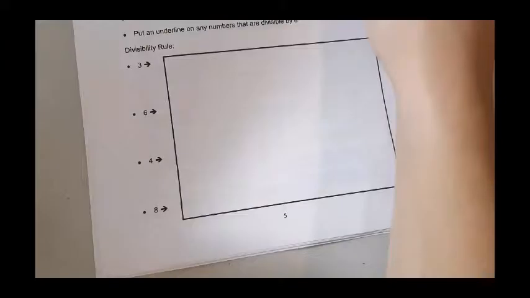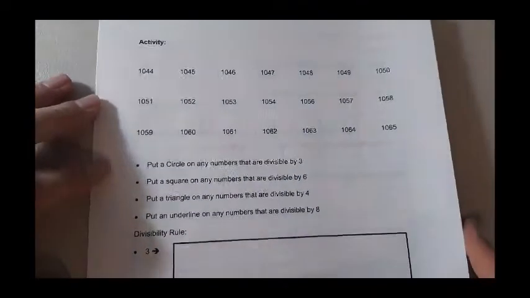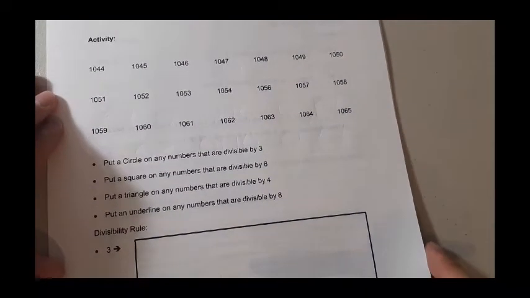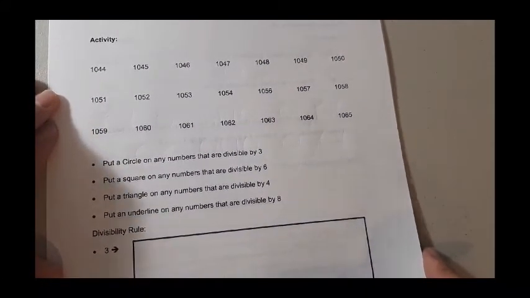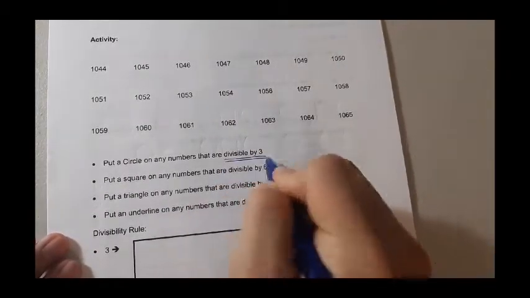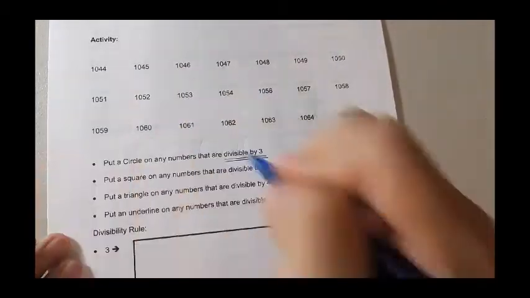Now, things are getting a little tricky. We're doing this divisibility rule twice, ladies and gentlemen. This time, we are going to figure out any number that is divisible by 3. And we're going to put a circle.